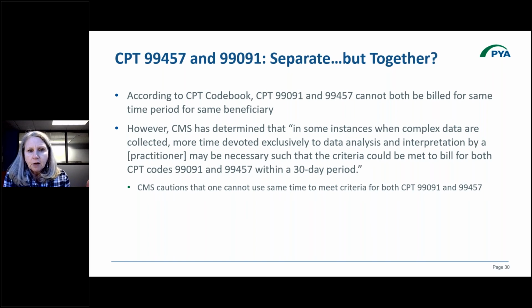Of course, they are cautioning you that you don't use the same time to meet both codes. So you have to have a distinct 30 minutes for 99091 and the distinct 20 minutes for 99457. And again, they note that this is, in some instances, exception, not rule. So you wouldn't necessarily, for every single patient, bill every single one of these codes.